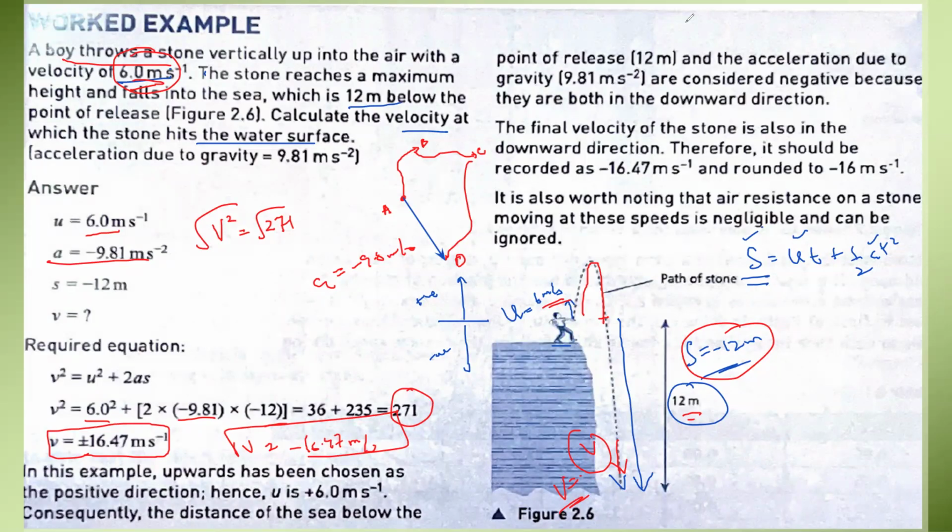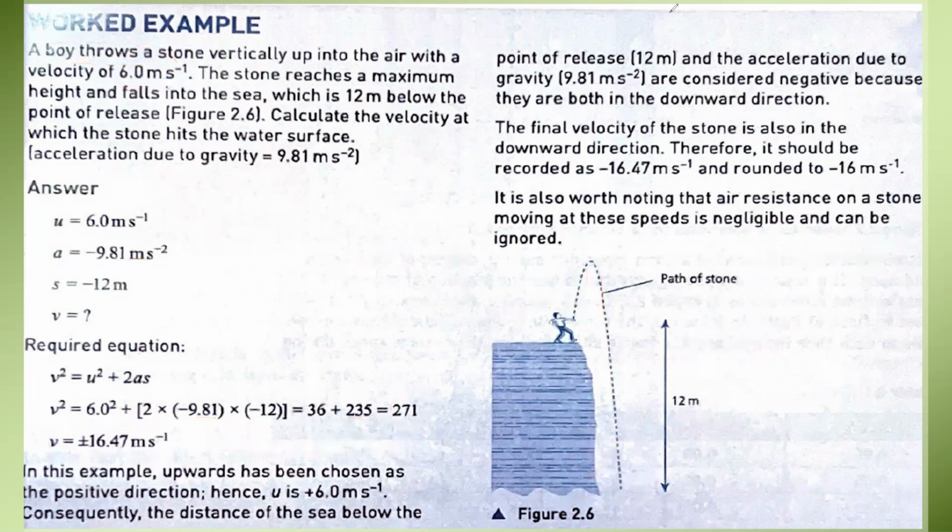Whenever we take the full motion, we use the sign conventions. Otherwise, if a student wants to solve this question by dividing the motion, first the student has to find the time to reach the maximum height, then the time to return to the same place will be double, and then the student has to calculate the last part as well.